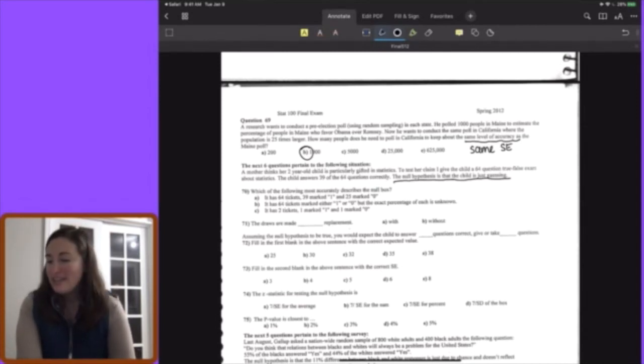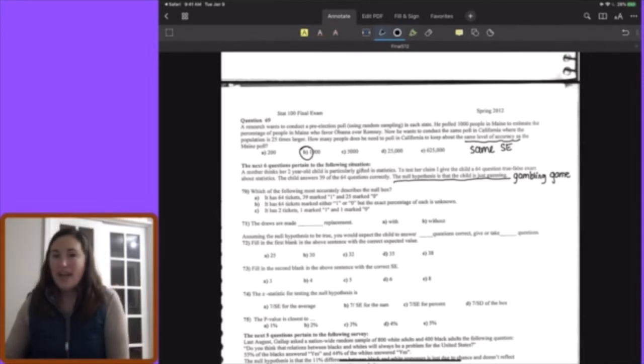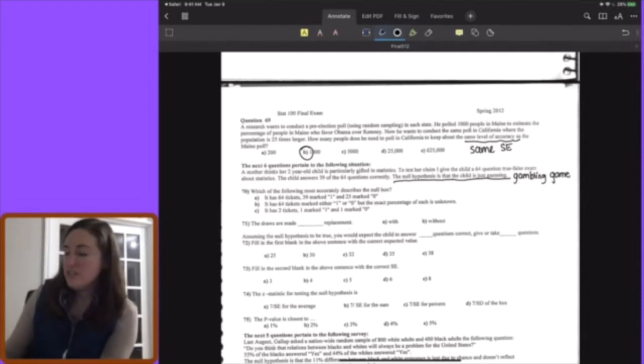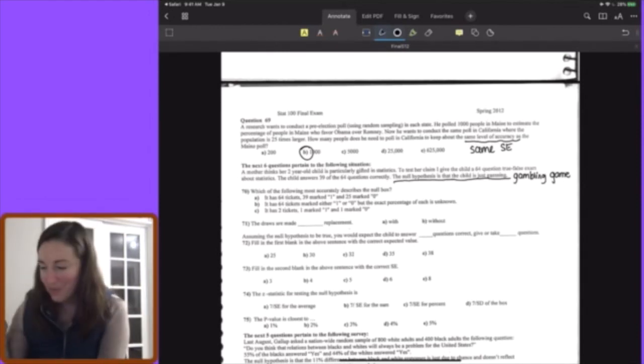So again, here with box models, we want to ask ourselves, is this like a gambling game or is it more like a survey? And it's just one child and the null is that they're guessing. So I'm going to say this is more like a gambling game. And in this case, for the gambling game, I want to ask myself, okay, what is one play or one question?